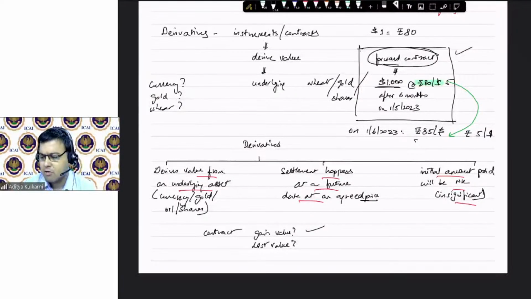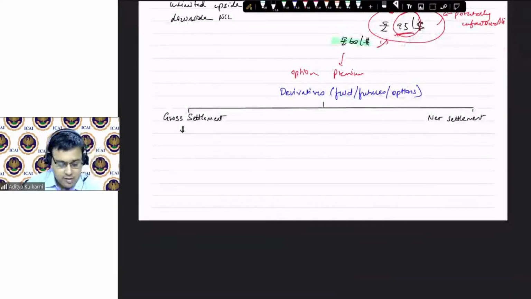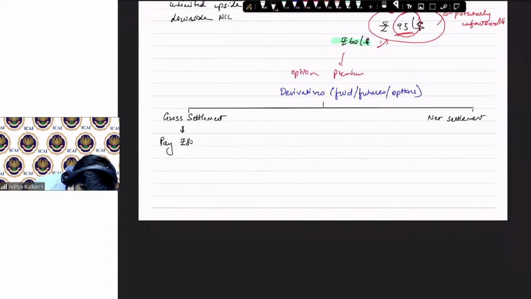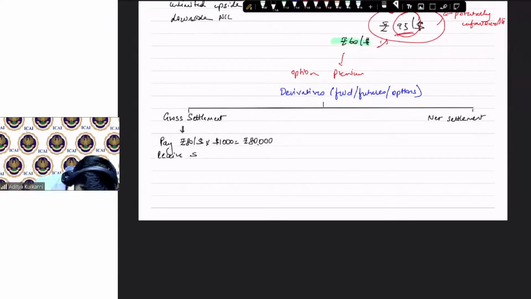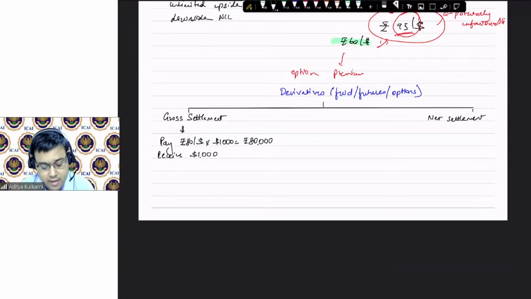Now, in a gross settlement contract, you would pay rupees 80 per dollar into $1,000, so you would be paying 80,000 to the bank and in return, you will receive $1,000. Is it okay?